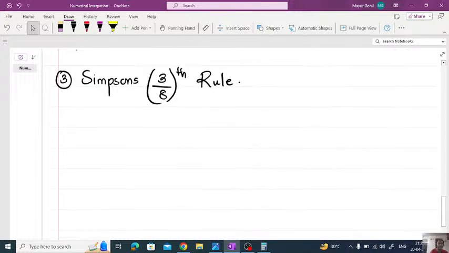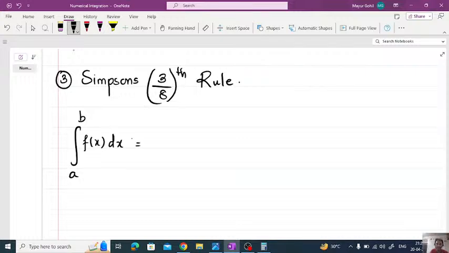It is the integration a to b f(x) dx equals 3h by 8 times, again, y0 plus yn, then there is 3 times all those numbers.